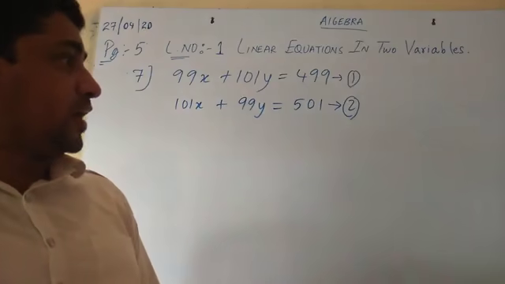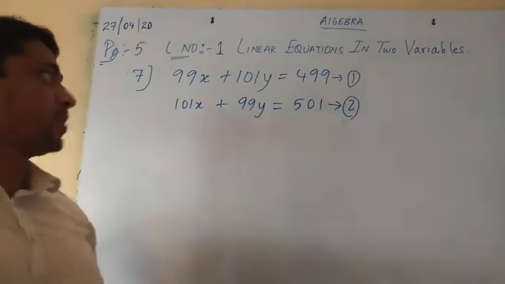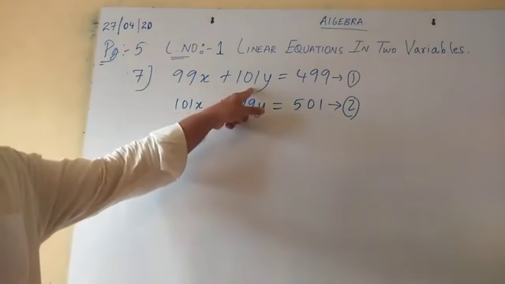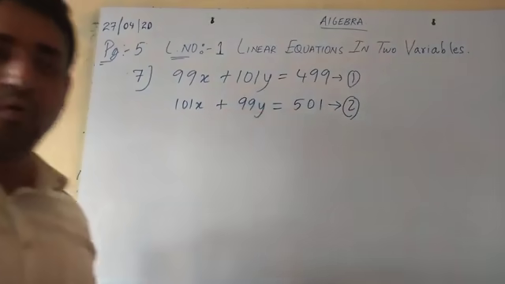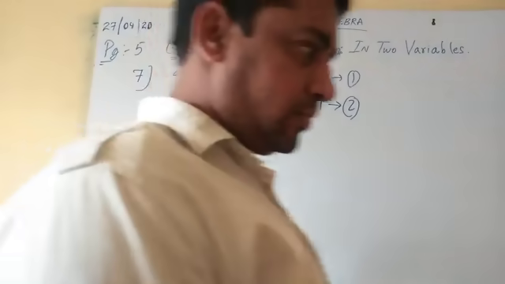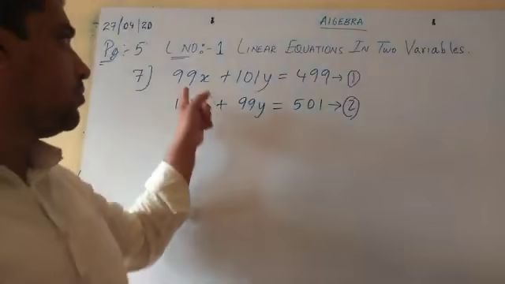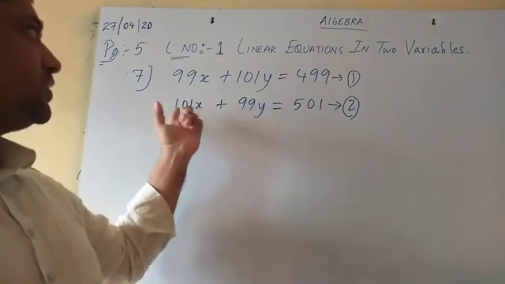The reason why this method can be applied is just check the numbers. Okay, here check the numbers. 99x 101y. 101x 99y. So do you find something? Here some pattern. Yes, I think you must be observing that the numbers are reversed.